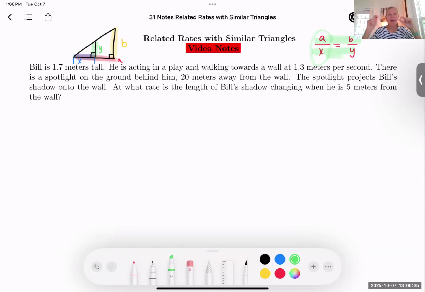A and X are corresponding sides, they're both the bottom. B and Y are corresponding sides, they're both kind of the height here.